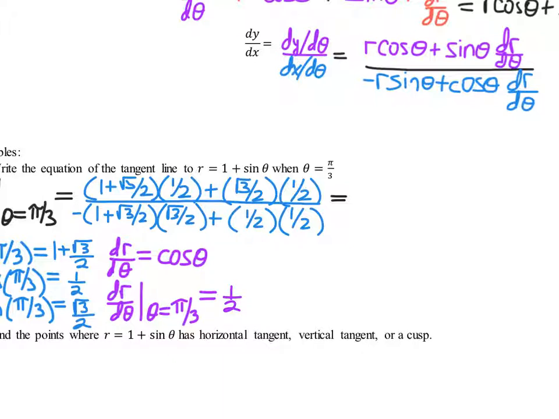So that would give me 4 plus radical 3 plus another radical 3 over, then we'd have, well, the next one's not quite as nice, negative 4, then minus 3, plus 1.